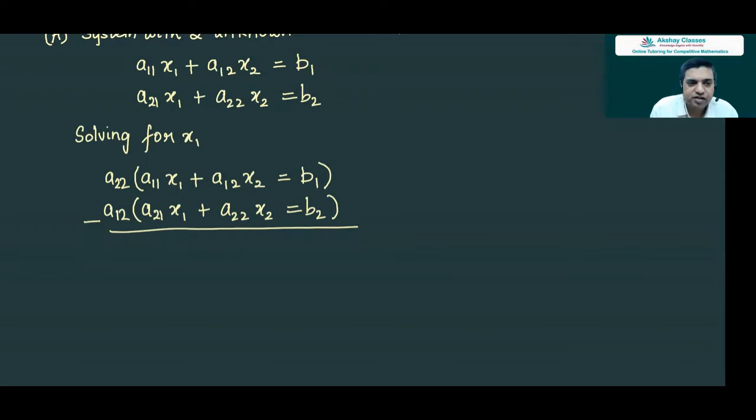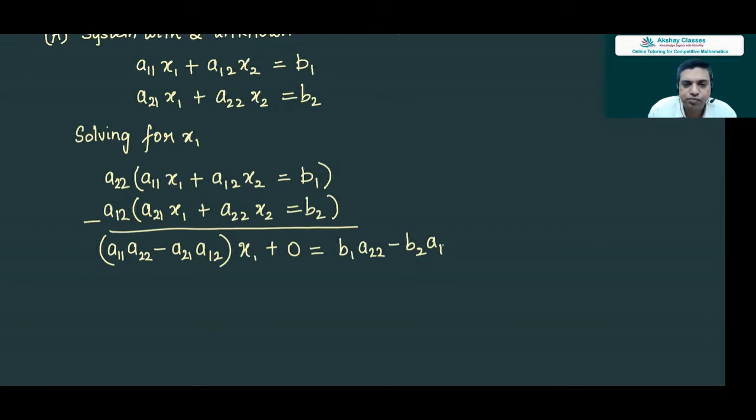When we subtract, the first term gives a11 into a22 minus a21 into a12, times x1, plus 0, is equal to b1 a22 minus b2 a12.